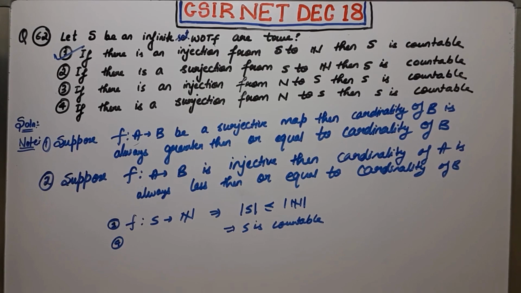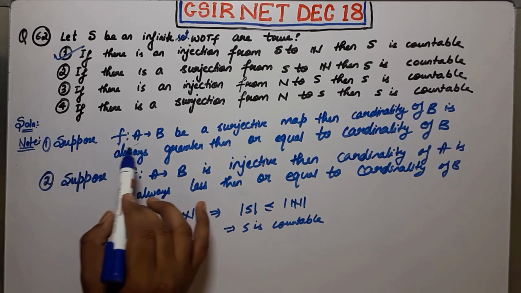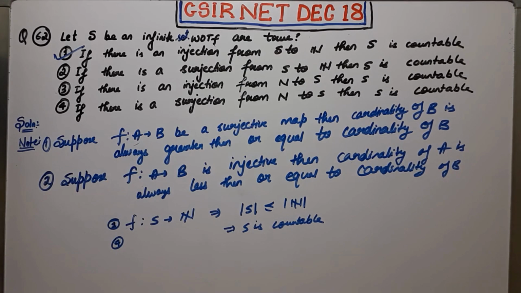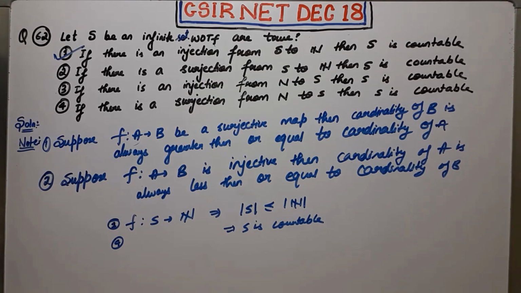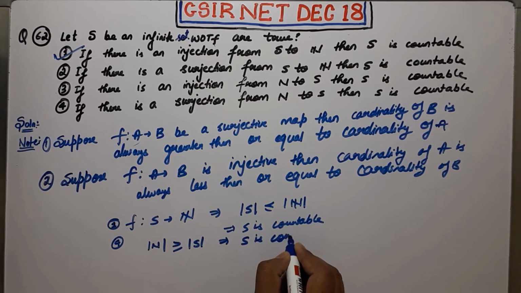You see from note number 1 that if f from A to B is a surjective map, then the cardinality of A is always greater than or equal to the cardinality of B. So for the fourth option, the cardinality of N is greater than or equal to the cardinality of S, and that directly implies S is countable, since S has fewer elements than the set of naturals. So the fourth one is correct.